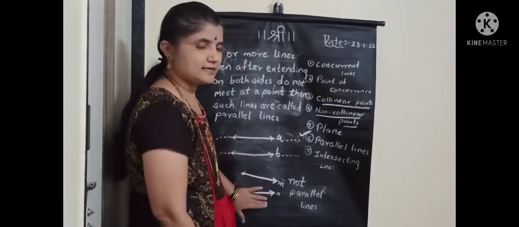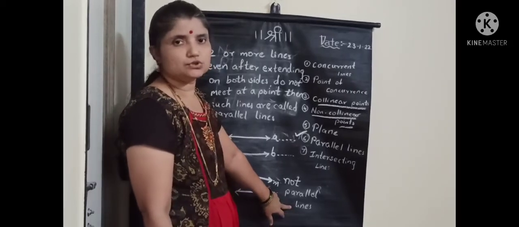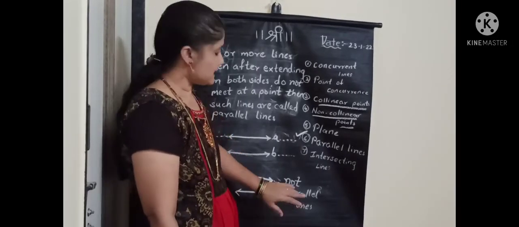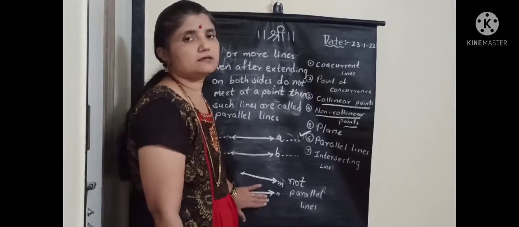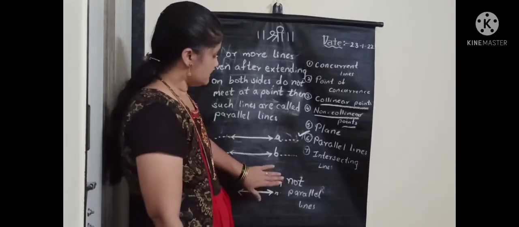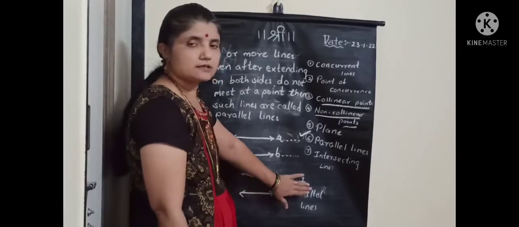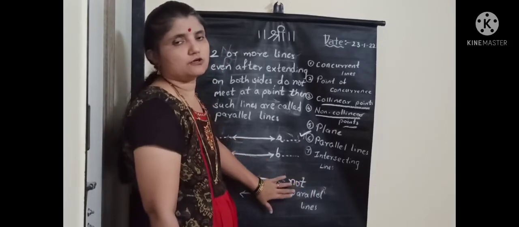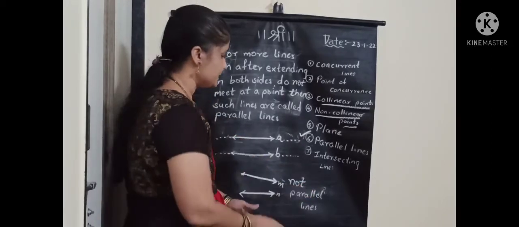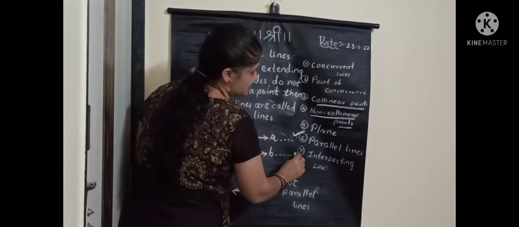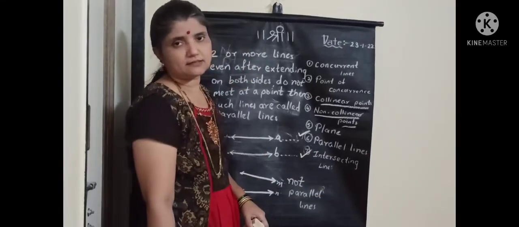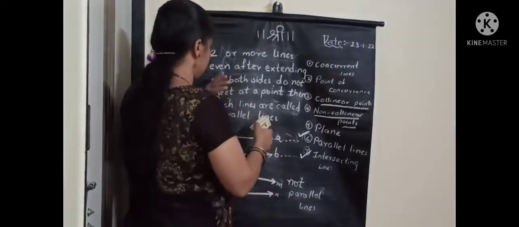The lines which are not parallel to each other, which cross each other or meet at a point, are called intersecting lines.